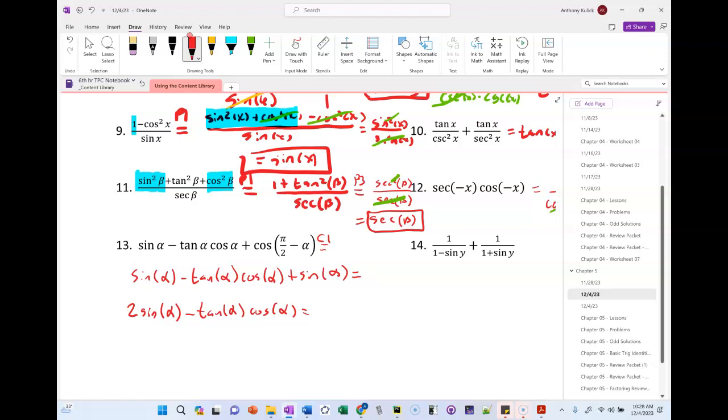All right. Next is Joey and Alondra, right? Yeah, it's identity town. We've done all the algebra we can do here. What are we going to rewrite tangent as?